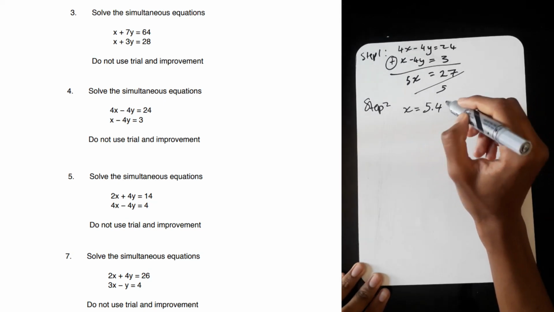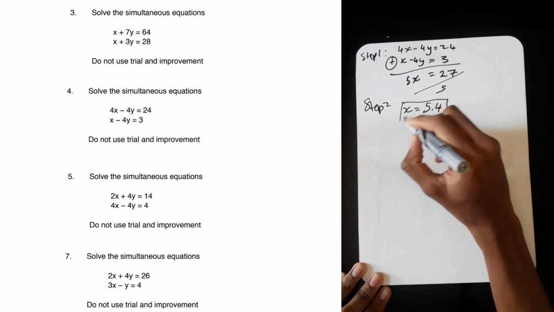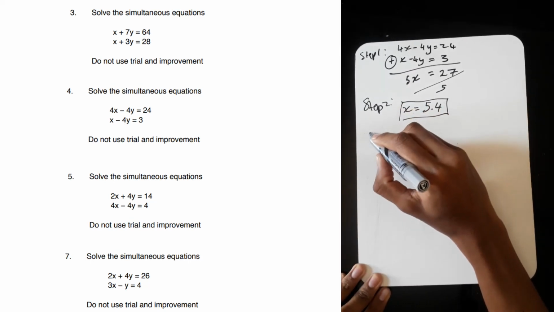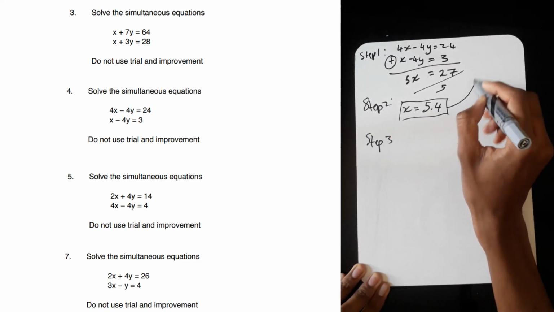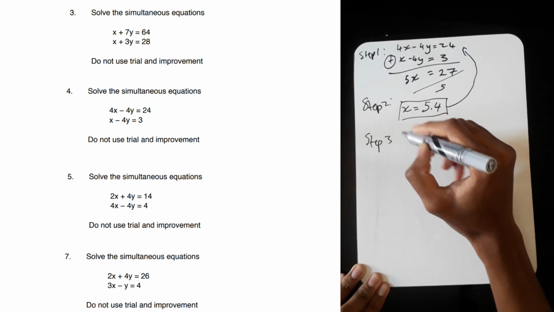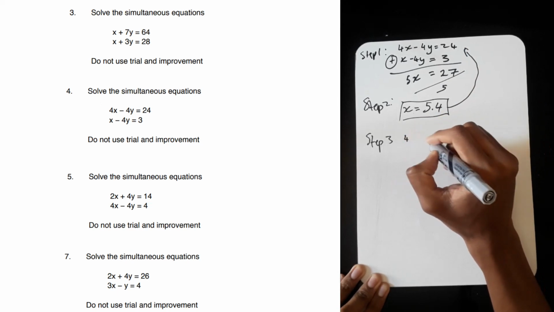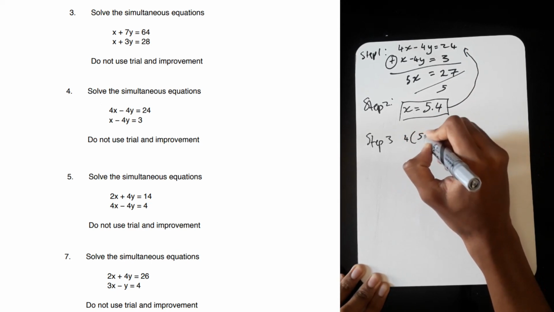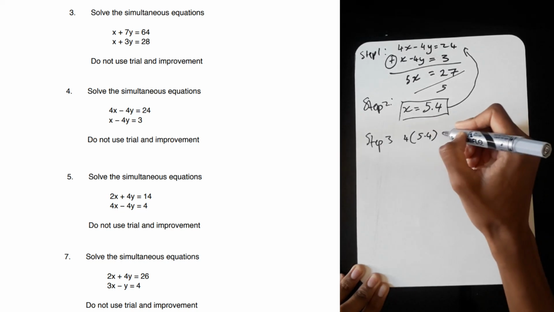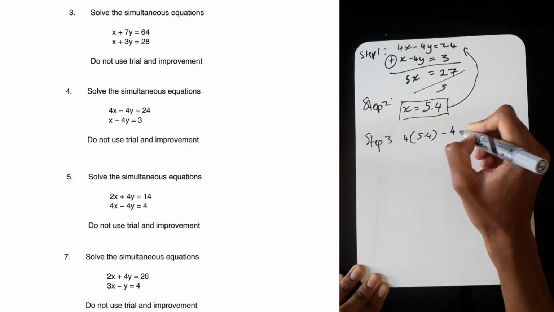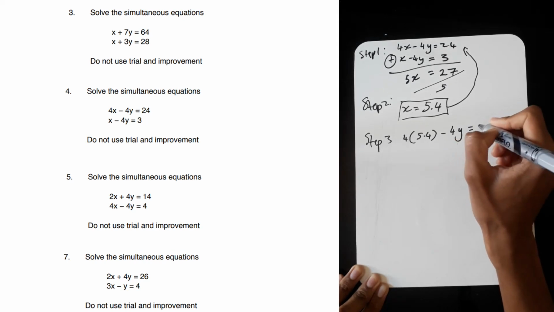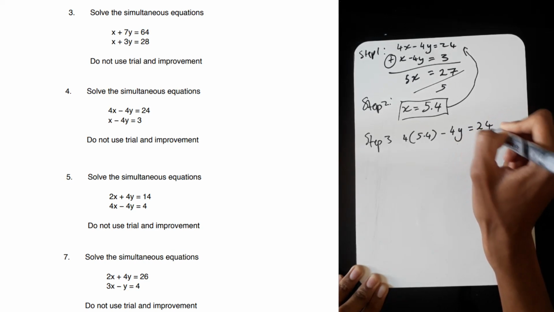Okay, so then we take this, we plug it into that first equation. So it's going to be 4 open brackets 5.4 minus 4. Oh yeah, and the number could be a decimal sometimes. So it doesn't mean if you get a decimal, your answer is wrong.